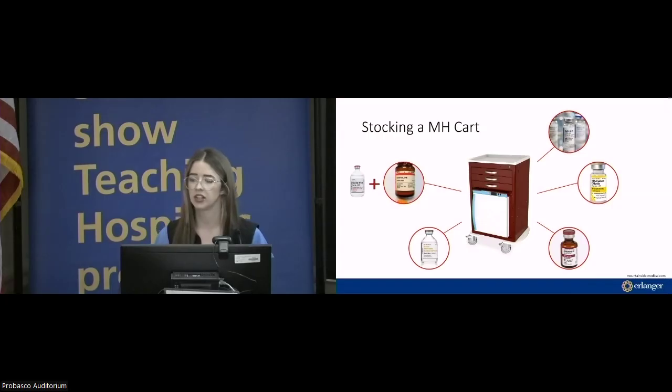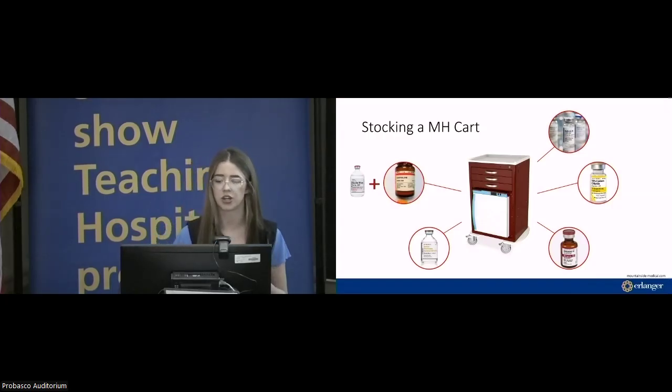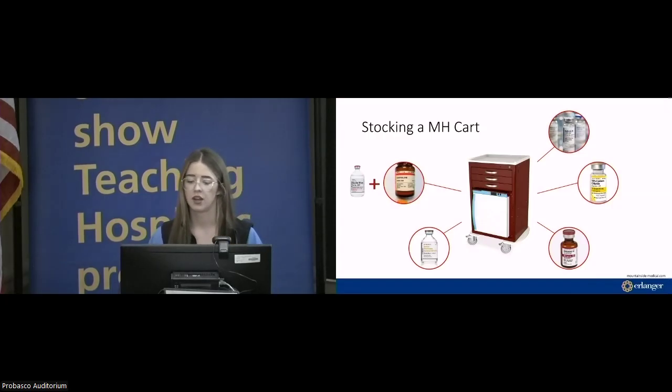Cooling supplies and clear dosing and management algorithms should also be readily available. Pharmacists play a key role in maintaining inventory and monitoring expiration dates, and ensuring that staff know where the cart is located and how to use it in an emergency.